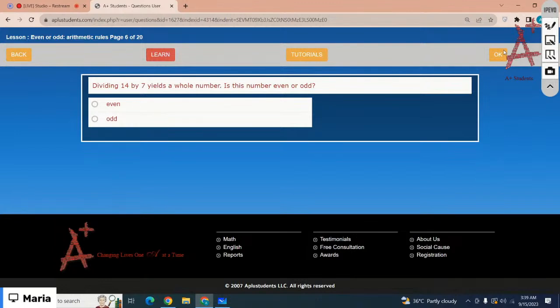Dividing 14 by 7. 14 divided by 7 is 2, right? You are dividing an even by an odd number, so the answer must be even. It is, right?